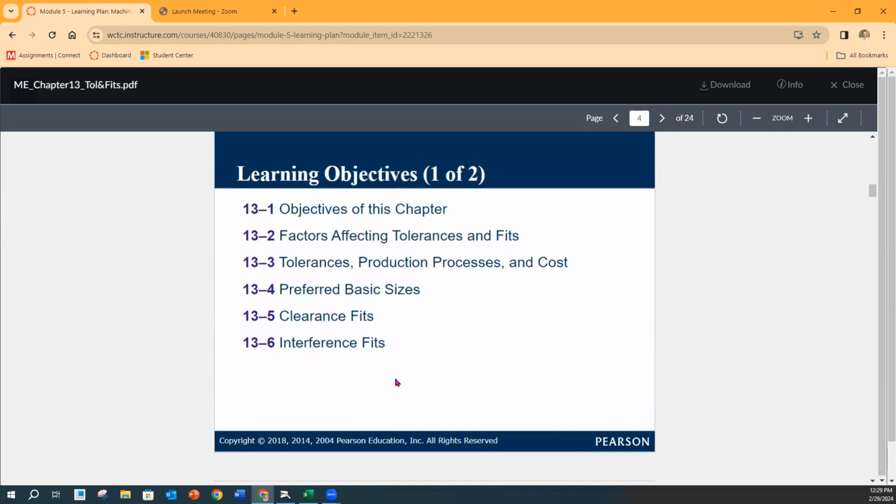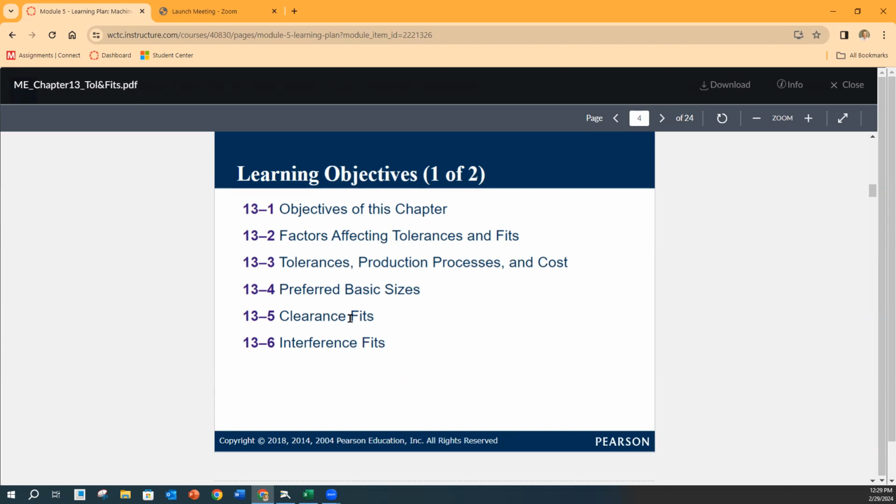So our objectives of this chapter are going to be looking at these tolerances, production processes, the costs, how they're related, the factors that you're going to be taking into consideration when you're choosing tolerances and fits. We're going to be looking at what these preferred basic sizes are. We've mentioned them here and there, and maybe you know what they are already, but it doesn't hurt to bring those back into the front of our minds.